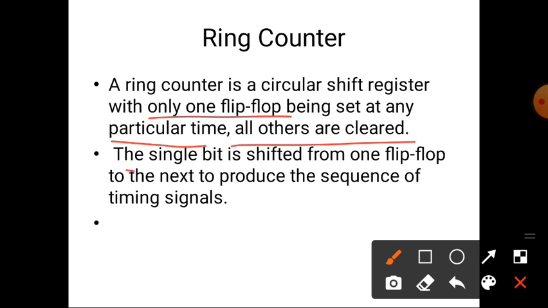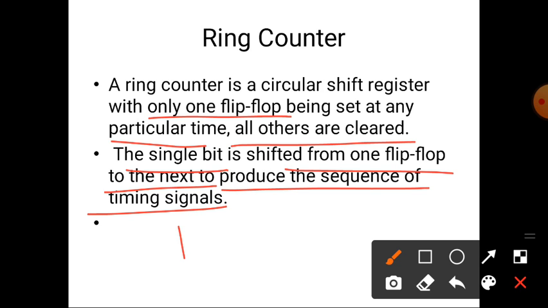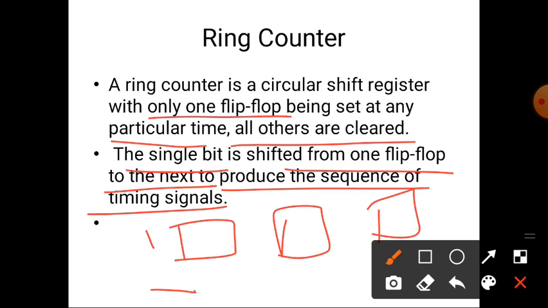A single bit is shifted from one flip-flop to the next to produce the sequence timing signal. So if there are three flip-flops, then only one flip-flop is set at a time. Then on the next clock pulse it will set the next flip-flop. So it looks like a single bit is shifted from one flip-flop to the next.